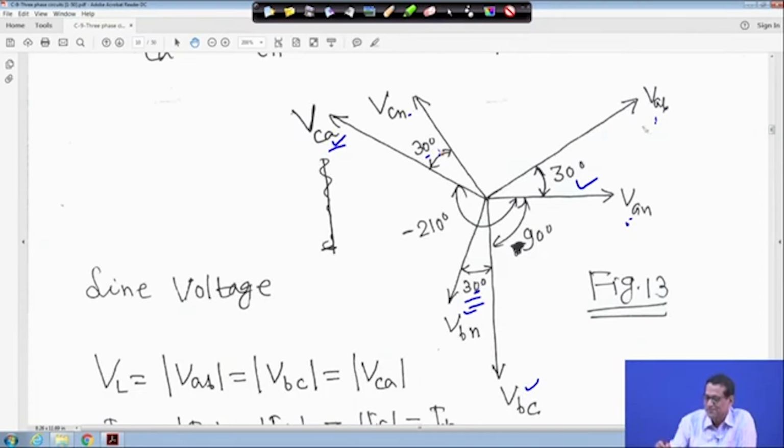Same philosophy: VAB leading VAN by 30 degrees, VBC leading VBN by 30 degrees, and similarly VCA leading VCN by 30 degrees, right? So just superimpose and draw this phasor diagram. This is line to line voltage, and this is line to neutral, which we call phase voltage, and line to line voltage is equal to root 3 times the phase voltage, right?